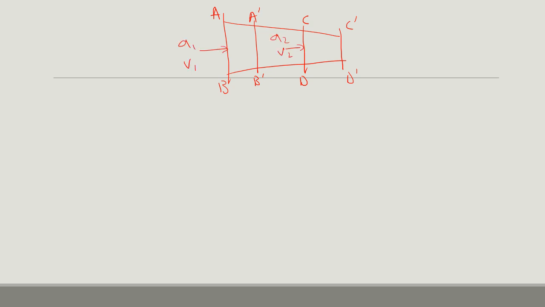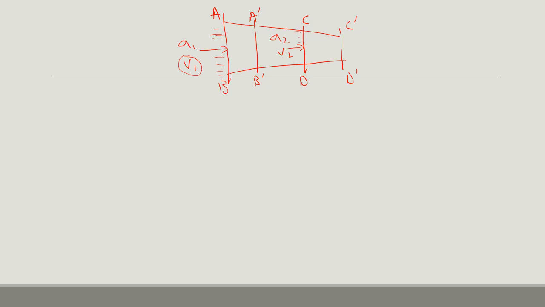Now let me draw that diagram again, and we have something like this, where this is A prime B prime C D C prime D prime. So suppose we have this, we know the velocity at which point A is moving, or the velocity at this side of the fluid, which is v1, and we know the velocity at this side, which is v2.